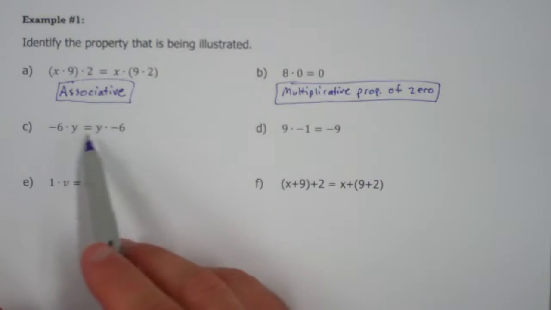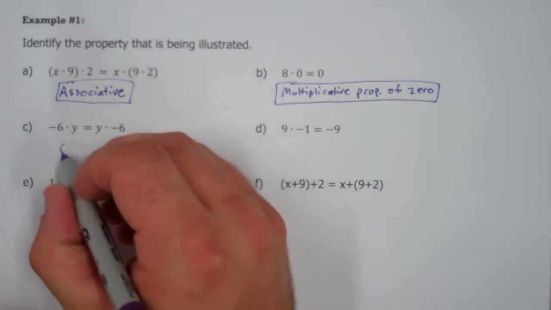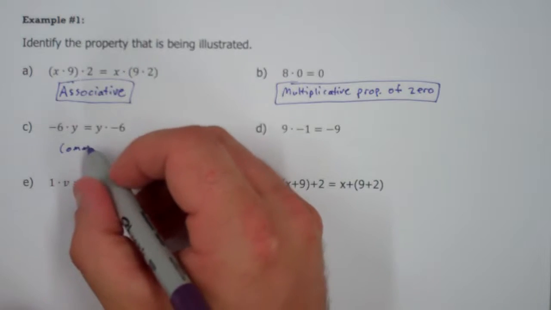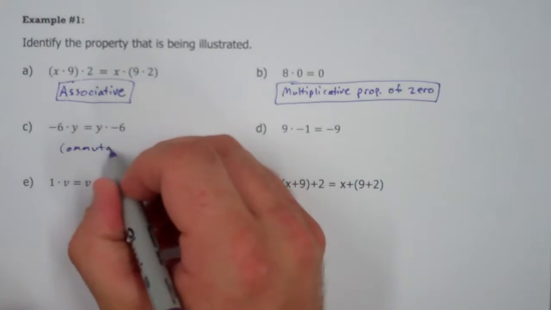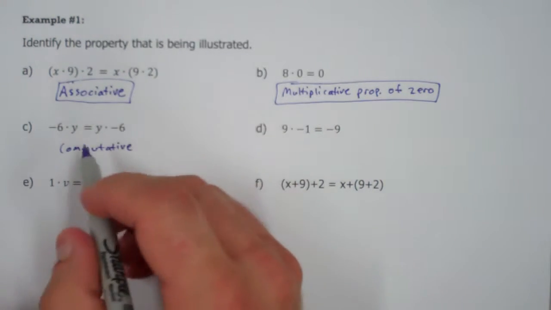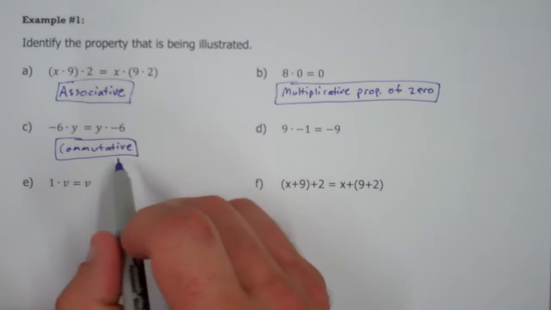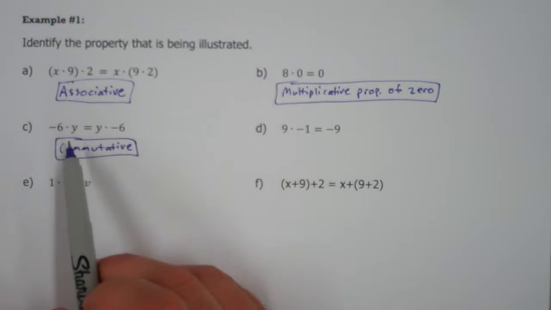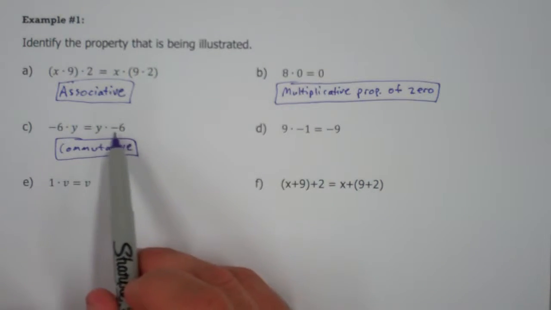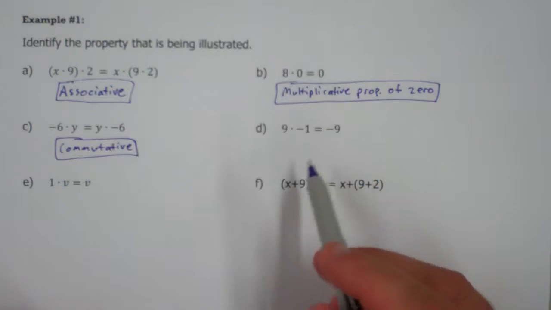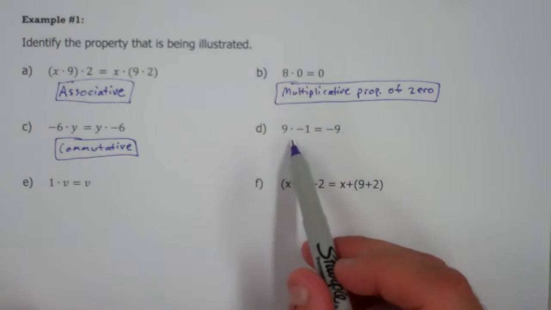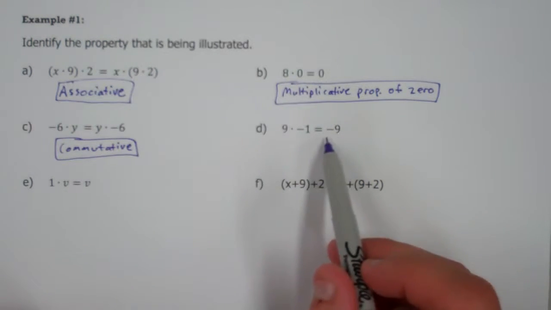So the reversing thing here is what clues me in that this is the commutative property. Little trick there with commuting. So the commutative property is when we switch places here.